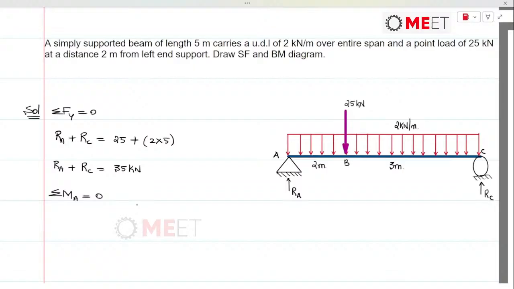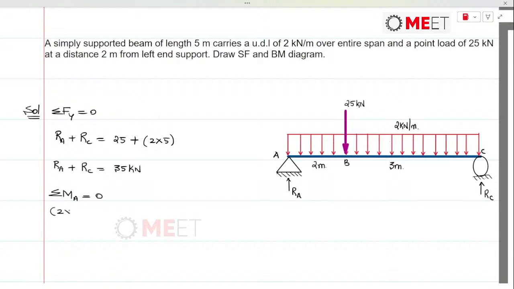At A there will not be a reactive moment because the hinge is permitting the rotation. Hinge joint is going to permit the rotation, so that's why there will not be a reactive moment MA, which we have seen in the cantilever beam. So about A, RA is passing through point A, it will not produce any moment, but for UDL we need to write.